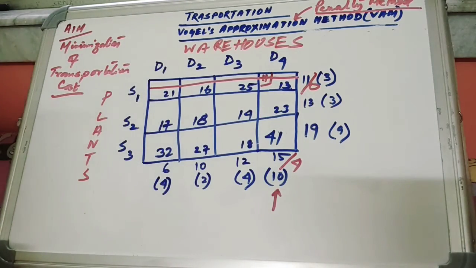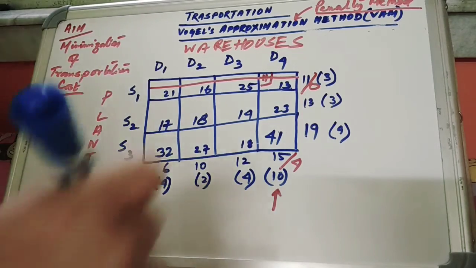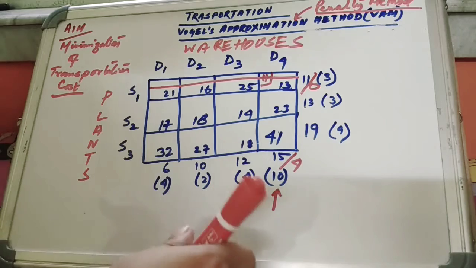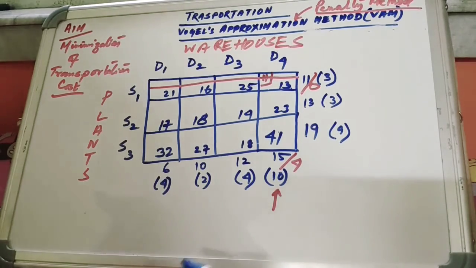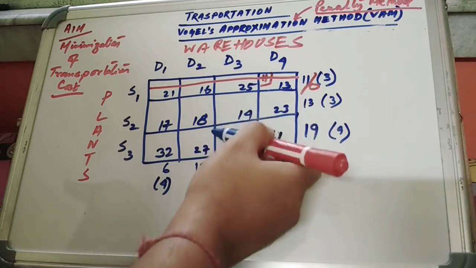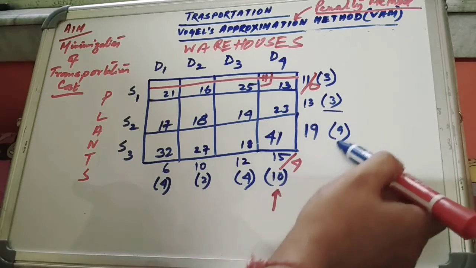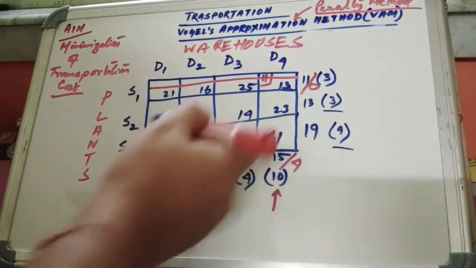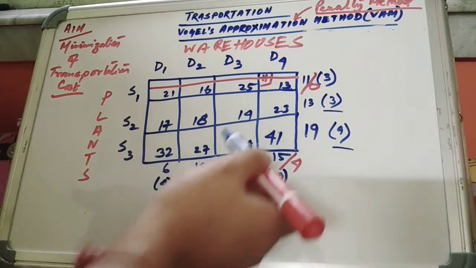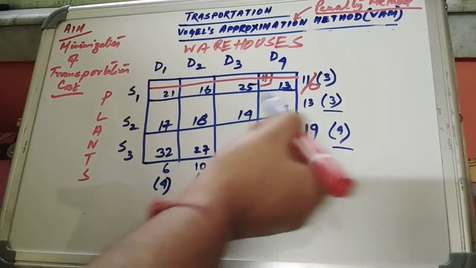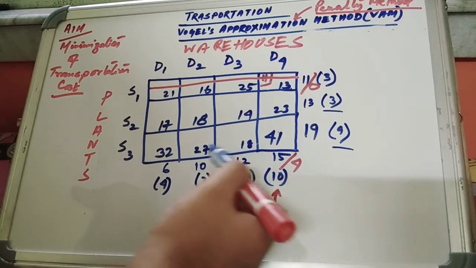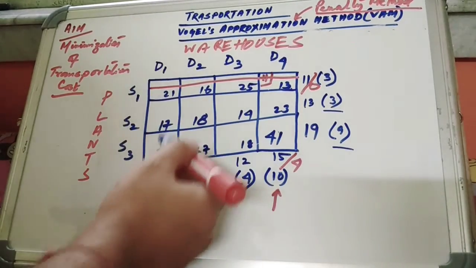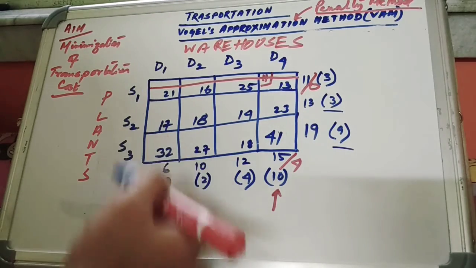Okay, no problem. Next, for the remaining matrix, we have to again find the penalty values. Look, for these two rows the penalty values remain the same, 3 and 9, because no operation has been performed in these two rows. You can also cross check it: 17 and 14 gives 3, and 18 and 27 gives 9. Now you have to calculate the penalty values for the columns again.